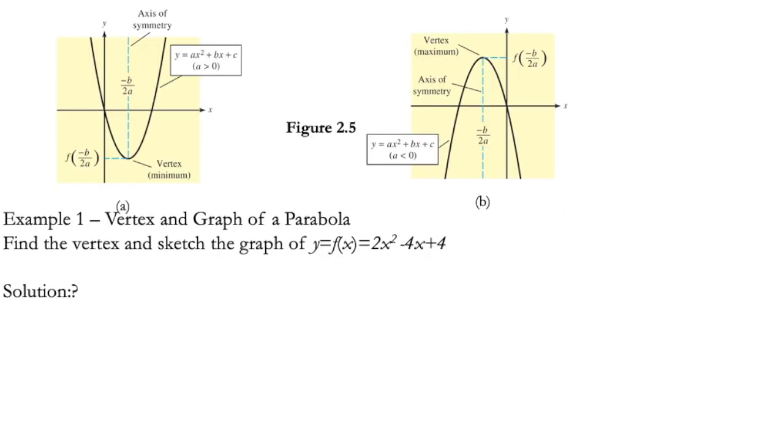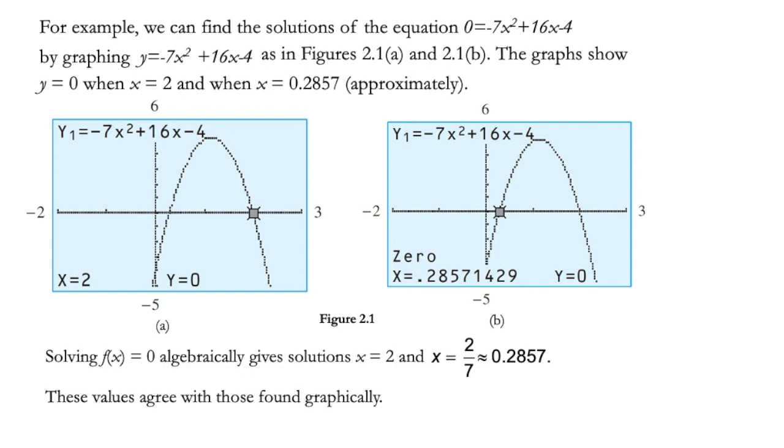Let's continue with another example, which is this one. Let's say we have minus 7x squared plus 16x minus 4 equals 0. We want to put it in the form of a graph as in figure 2.1, 2.1a and 2.1b. The graph here shows that when y is 0, looking at the first one, then x is 2, for instance.